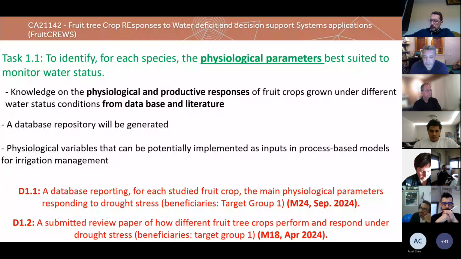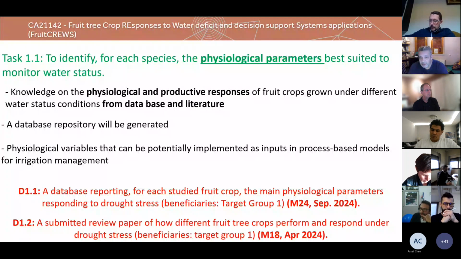At the end of this task, the idea, and this is a very ambitious idea, is to produce a database reporting for each studied crop the main physiological variables responding to the drought stress and the reciprocal relations among these variables.